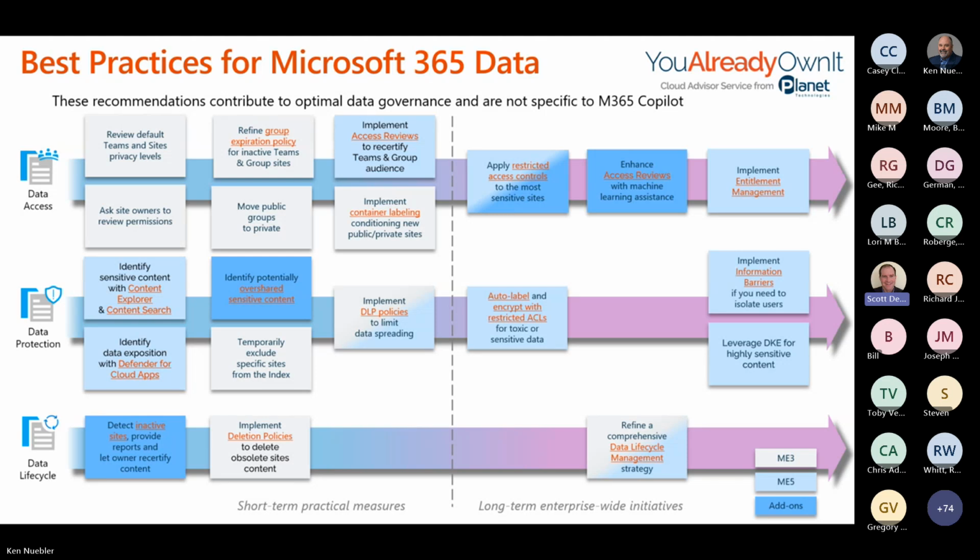And then as we get into that long term, we start leveraging a more comprehensive data lifecycle management strategy. We start to look at implementing auto labeling within tools like Purview, maybe implementing double key encryption, just to name a few different strategies.